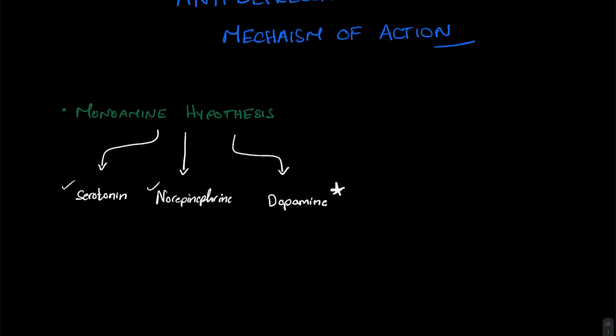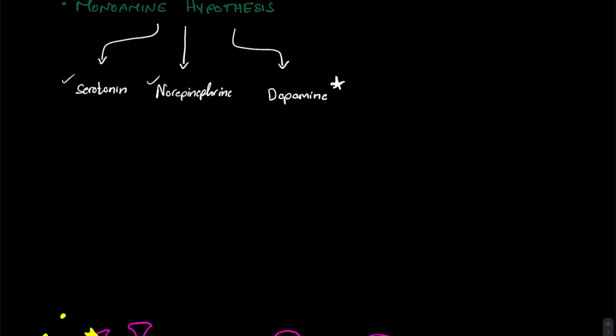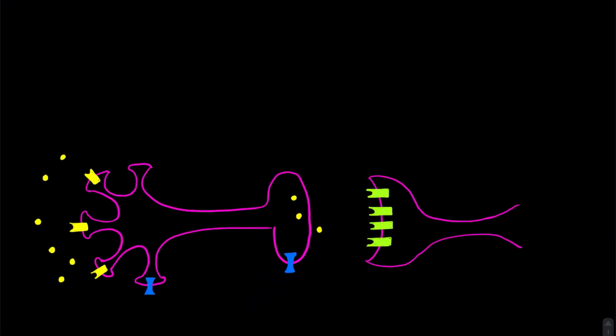Now, let's discuss what happens at the neuronal level. Here is a neuron, and for the sake of clarity, we'll label certain regions. This space is the somatodendritic region. This space is the synaptic cleft.